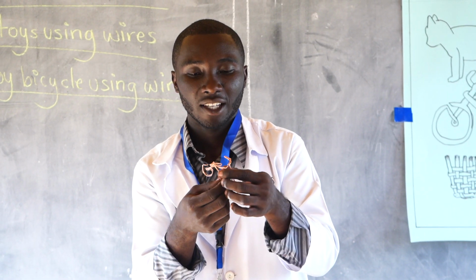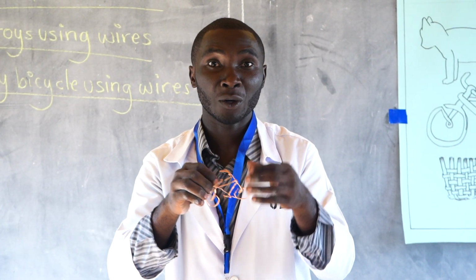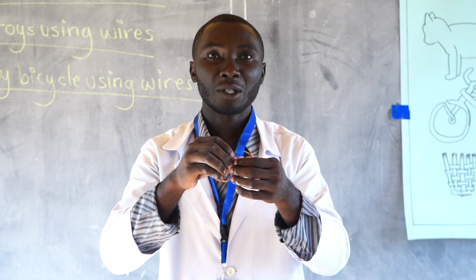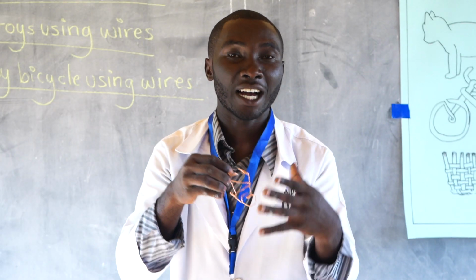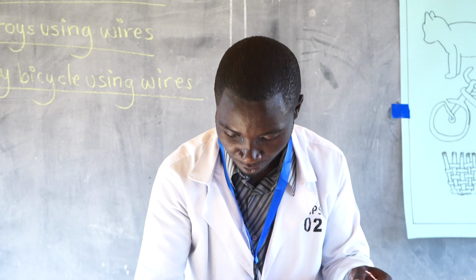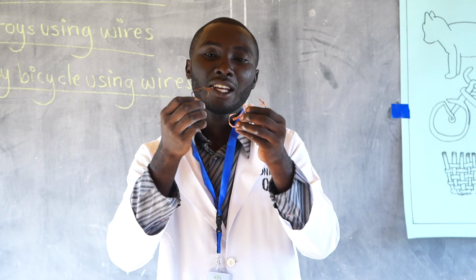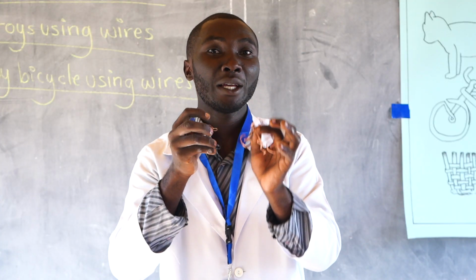Fix a carrier. A carrier is where we put our cargoes or where passengers sit in the bicycle. So even our toy bicycle has a carrier. We are going to fix it. For example, we have already made it, and then what we need is only to fix it on our toy bicycle.